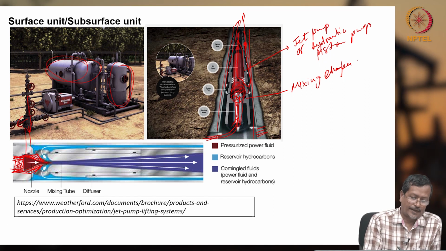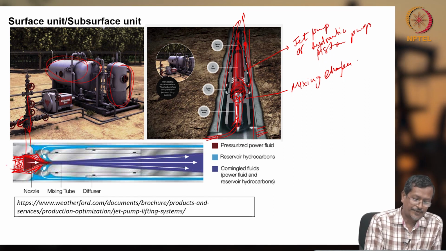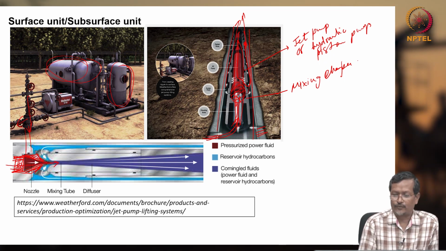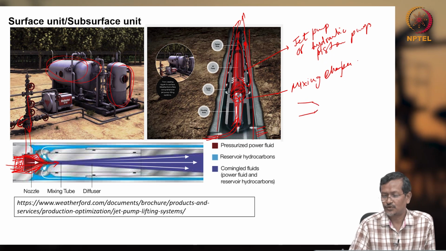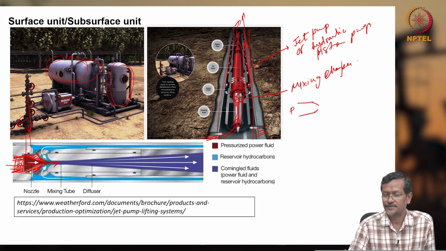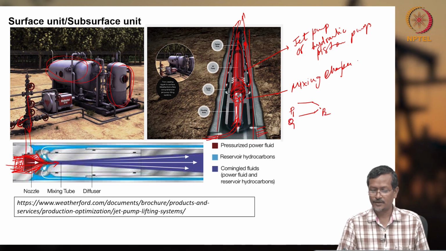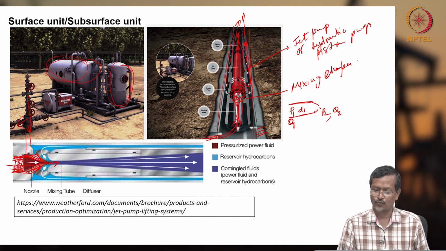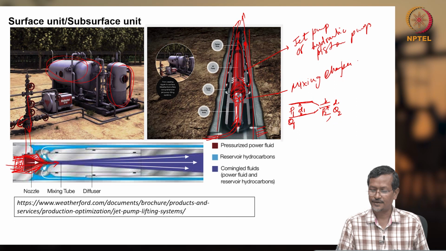High pressure fluid is passing through this nozzle, and whenever you are changing the cross section, say P1 here, P2, Q1, Q2. Let's say this one pipe is here, one cross section D1 and nozzle cross section DN.